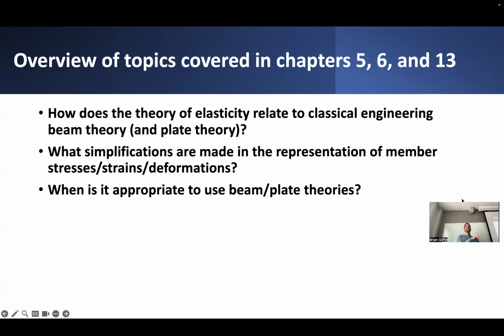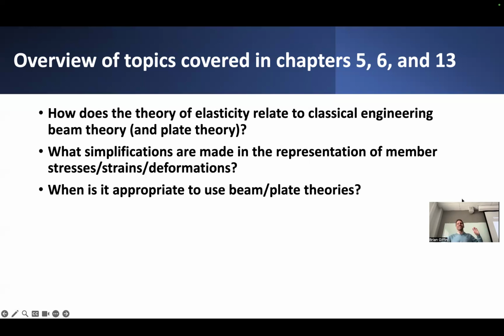So we want to know, when is classical beam theory still relevant, and when can we use it? And what are the things that we sacrifice when we go from this fully three-dimensional, very general description of structures and how they deform under loads down to these structural representations? So what are the simplifications being made, and what do we lose? So all these questions are things that hopefully we'll get to and we'll try to answer.